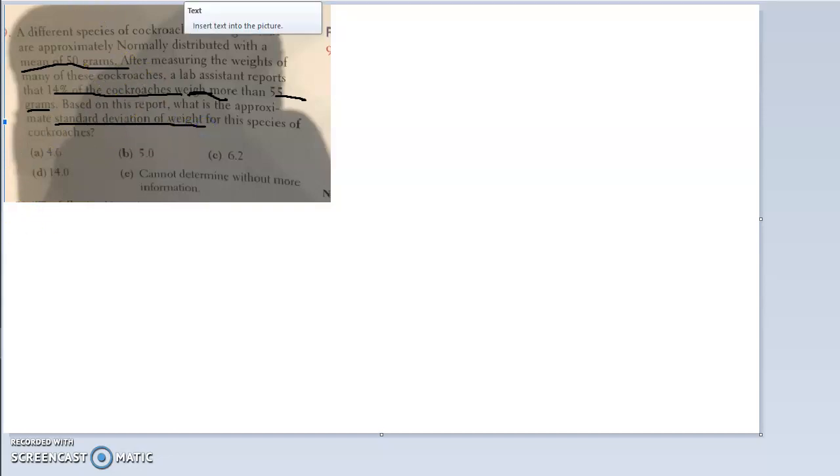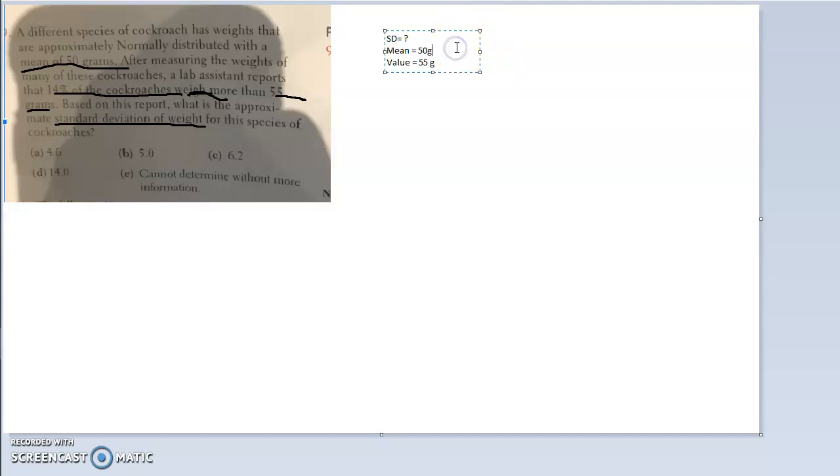So essentially here, what you need to have is your standard deviation, which is your variable. You have your mean, which is 50 grams, and the value that you have here is 55.